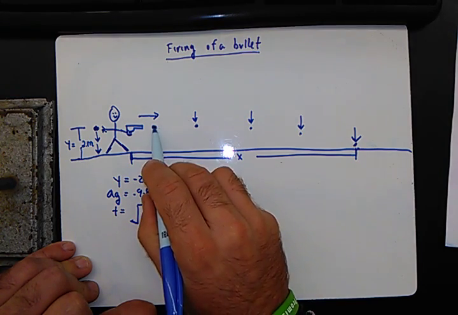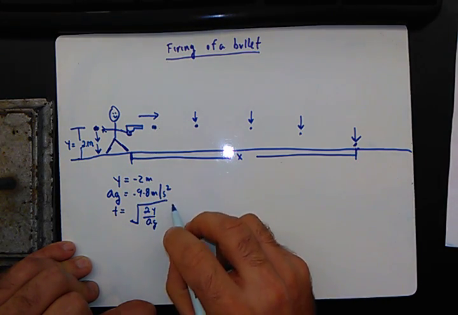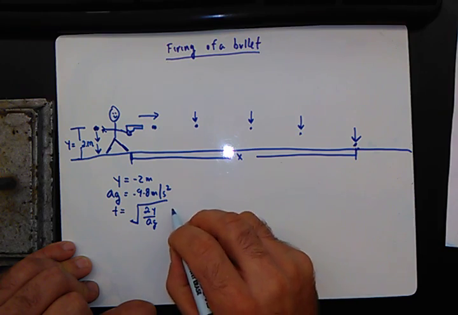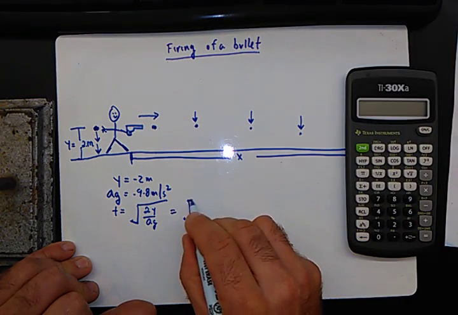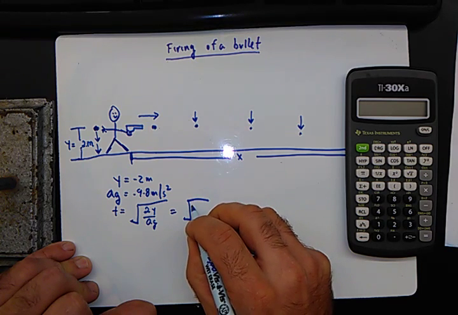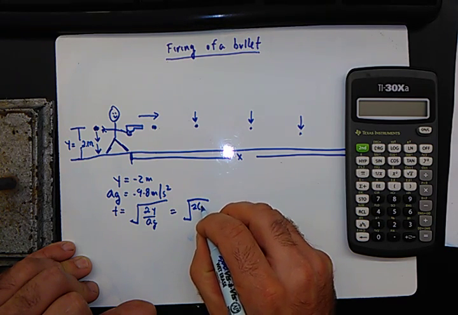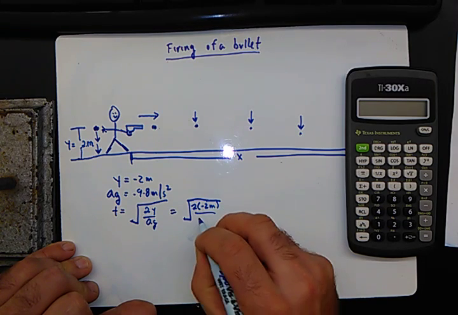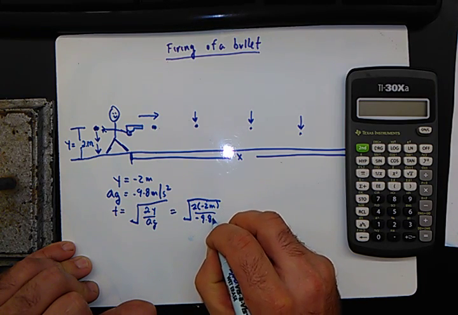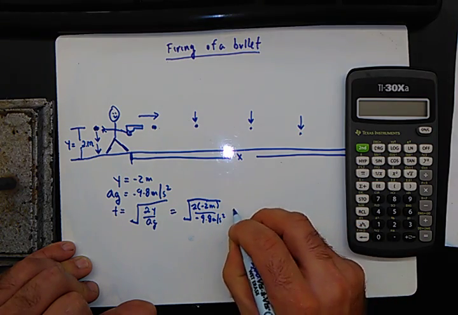An initial velocity would change it a little bit. So the time is the square root of 2 times negative 2 meters over negative 9.8 meters per second squared. Let's go ahead and figure this out.